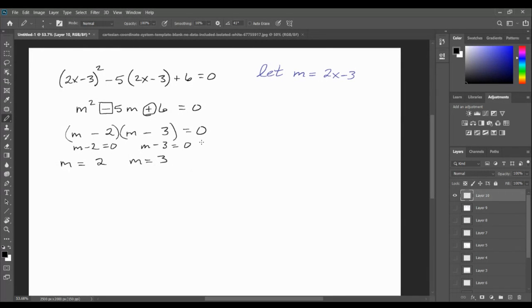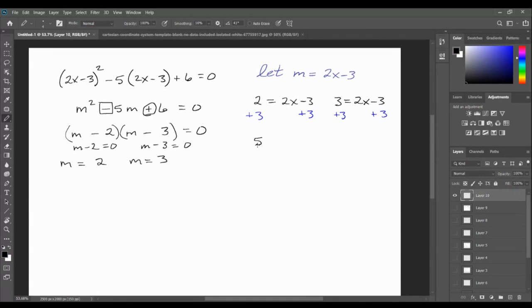Now I know the solution for m, but I need x. That was in the original problem, so I'll bring those up here. When m is 2, I've got 2 equals 2x minus 3. When m is 3, I've got 3 equals 2x minus 3. Now I'll go ahead and add 3 everywhere.